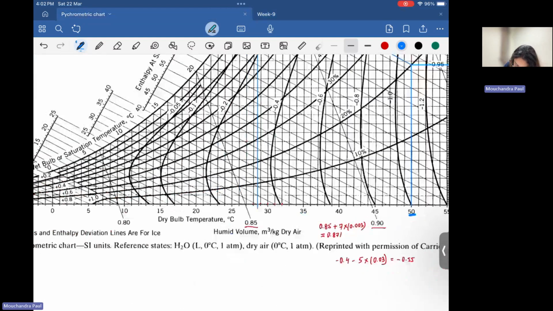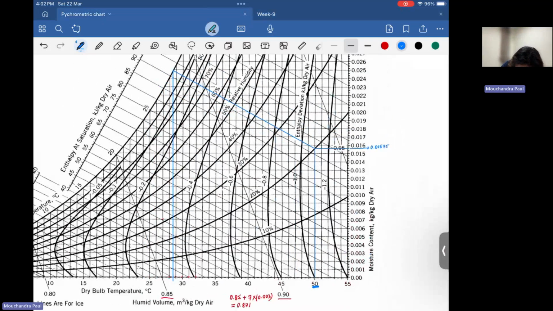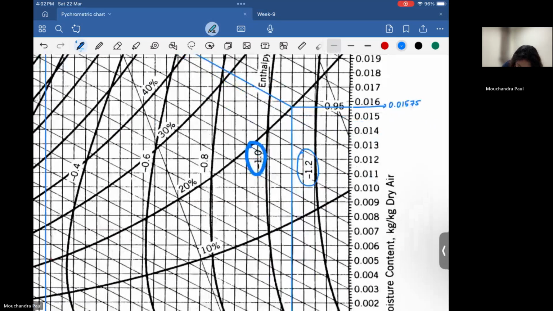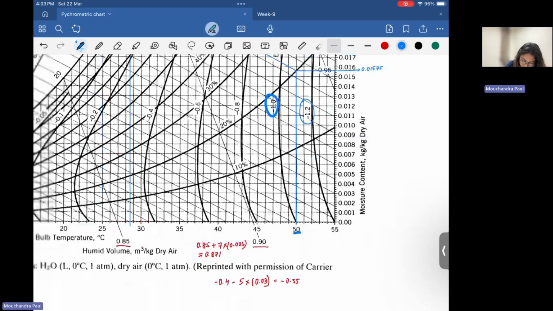Then humid volume. So this point lies in between the curve -1 and -1.2. Here there are 3 points.